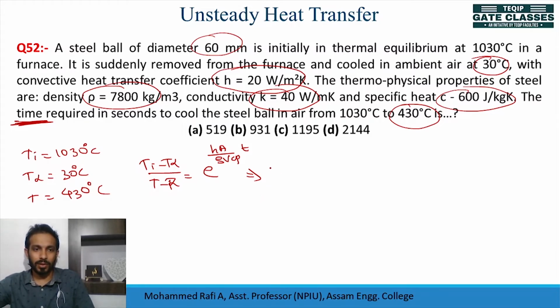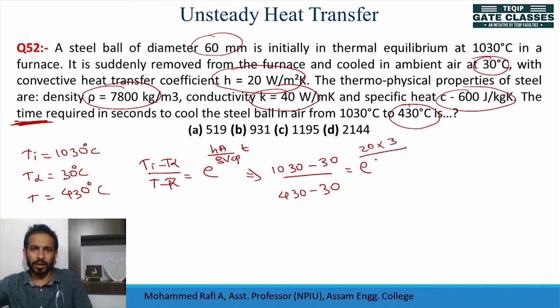So let's try: 1030 minus 30 divided by 430 minus 30 into e to the power, h value is 20, into 3 by r, right? R value is 30 into 10 to the power minus 3.